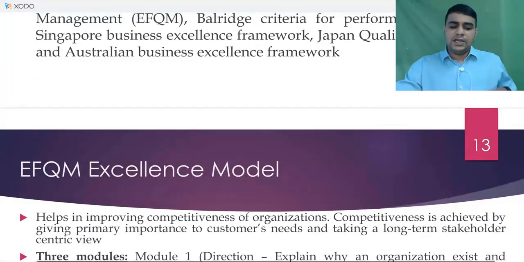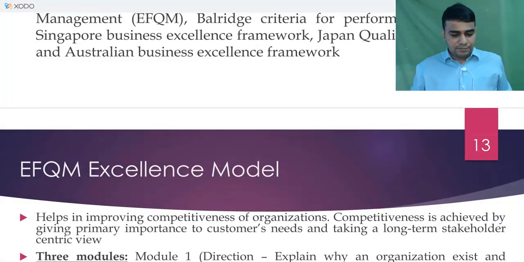So first thing is the EFQM excellence model. Different models can talk about different things, but the focus is simple. I want to improve my competitiveness. I want to ensure taking care of all stakeholders of a company. It helps in improving the competitiveness of an organization.